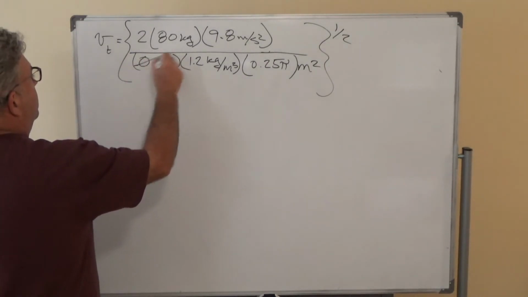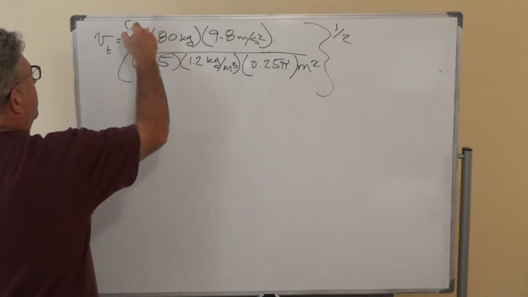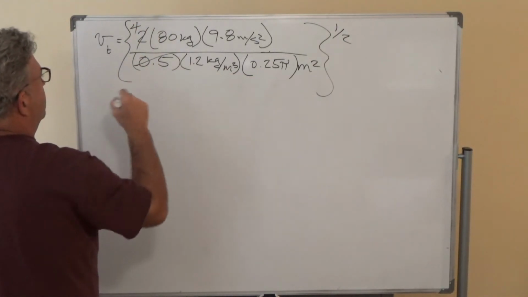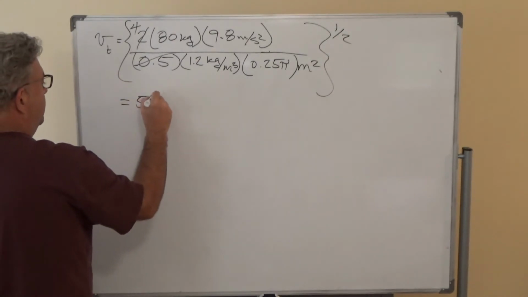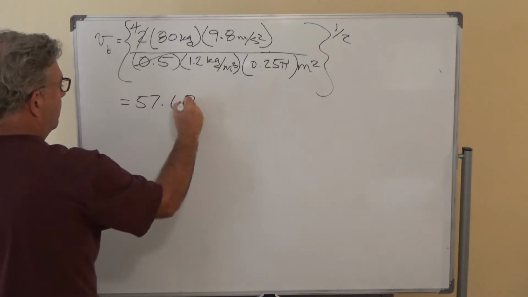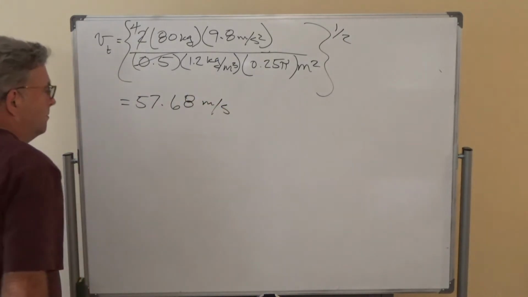Well, that goes away. That becomes a 4. I got 57.68. 57 point what? 68. Okay. Meters per second. Pretty fast.